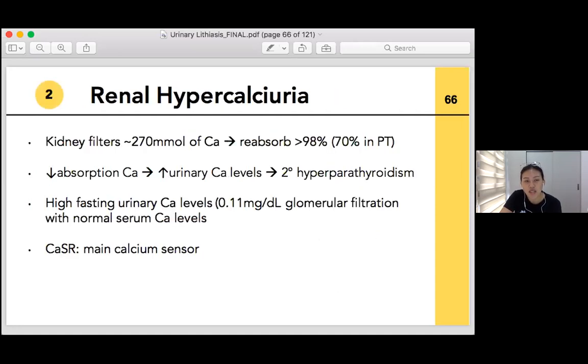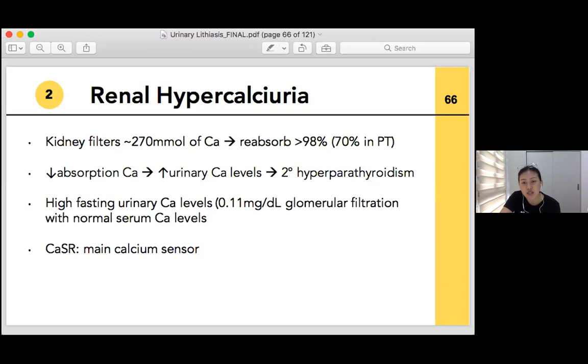For renal hypercalciuria, the kidney filters approximately 270 millimoles of calcium and reabsorbs more than 98% of that, more commonly in the proximal tubule. In renal hypercalciuria, there is impaired reabsorption of that calcium. That would lead to increased urinary calcium levels and ultimately to secondary hyperparathyroidism.